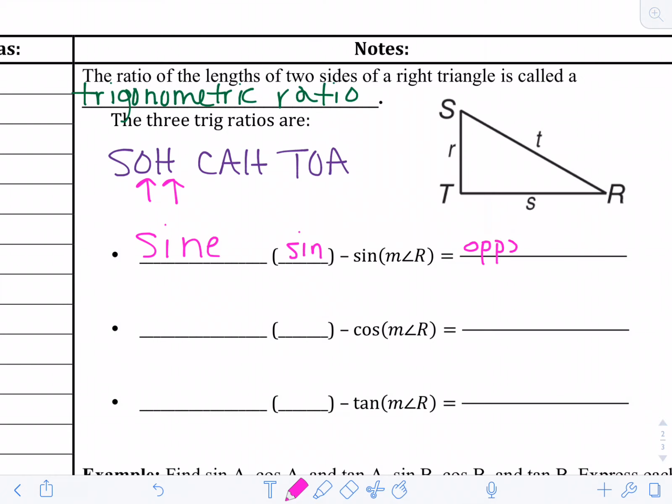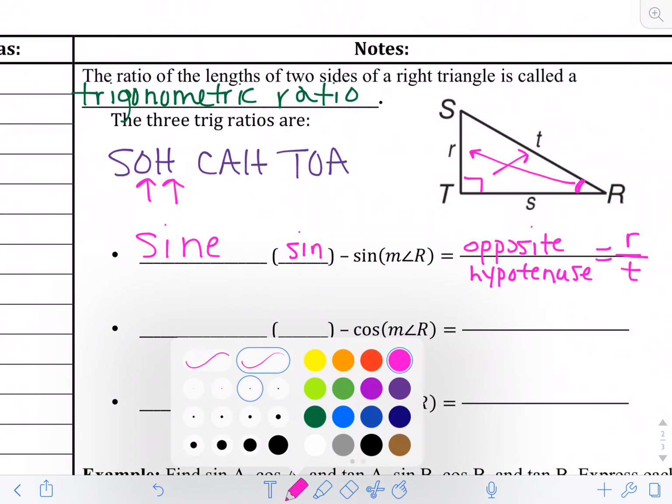So I'm going to write it out first, and then we're going to use the letters. Opposite over hypotenuse. And so what that's equal to, if you look at R, opposite is going to be R over your hypotenuse, which is going to be your T.